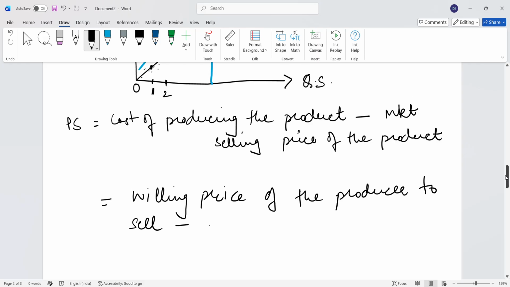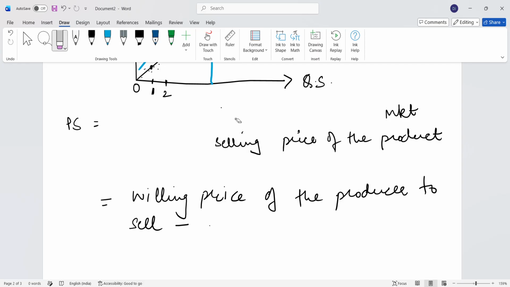So it should be the market selling price of the producer minus the cost of producing the product.